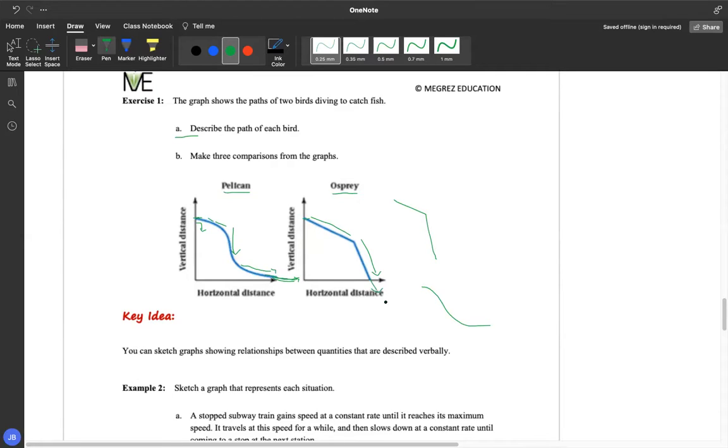Well, I did notice that both birds started very high, like they were flying very high, and they went down to catch their prey. Perfect. Yeah. So they're both similar in a way because they both start off high and decrease and then almost hit the water or hit the water. So that's exactly right.